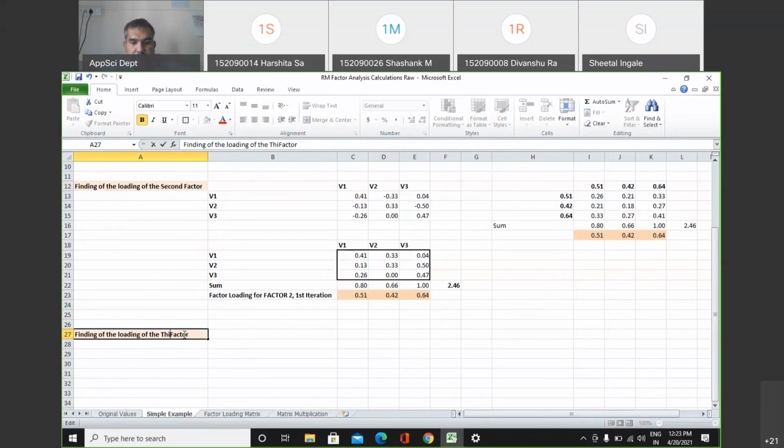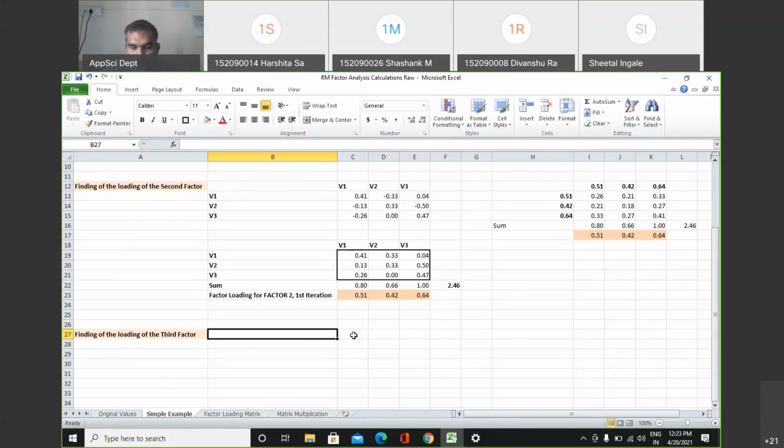Now for the third factor, third and last factor, because there are only three variables. So the initial matrix will be, there are no negative values here, but when progressing further, we will get back the negative values and subtract from that matrix.